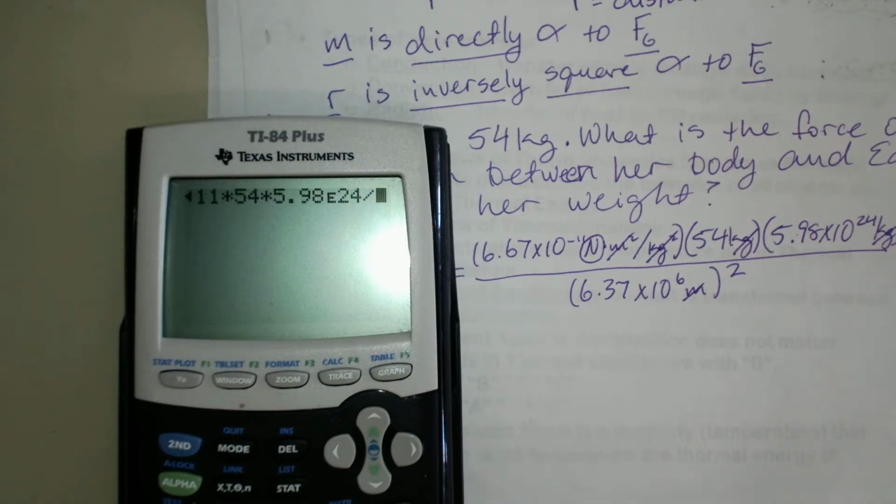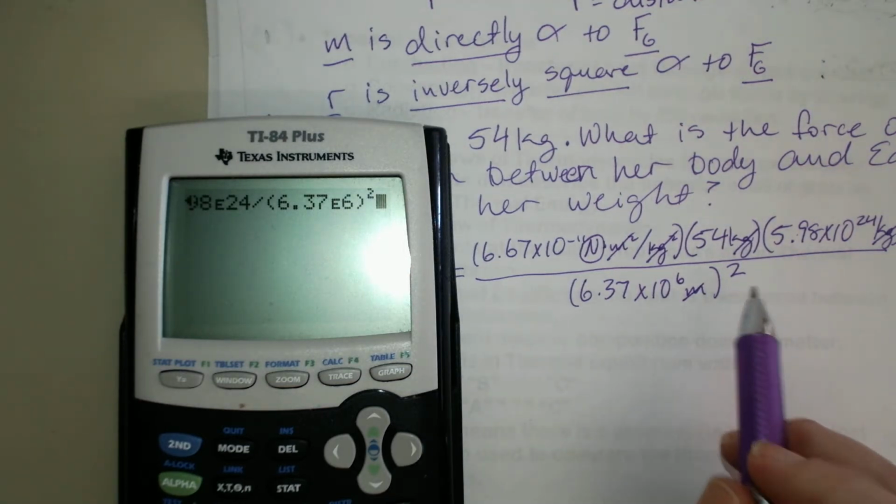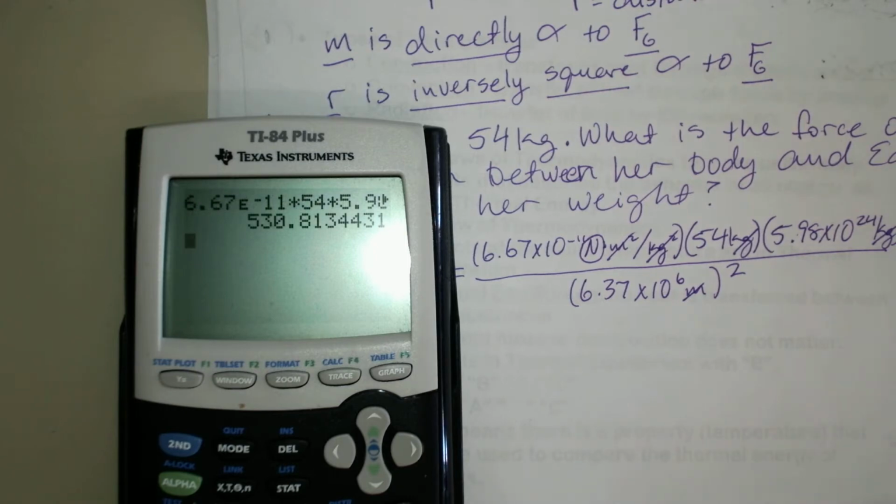Divided by, you have to put the bottom in parentheses: 6.37, second, comma, 6. Then you close the parentheses and then hit the squared button. Don't forget to square. If you wrote the square in your math, then you have to square it. And so that is Fg.